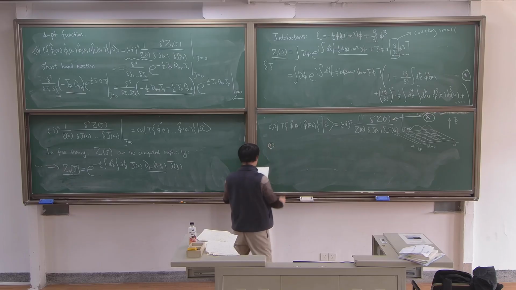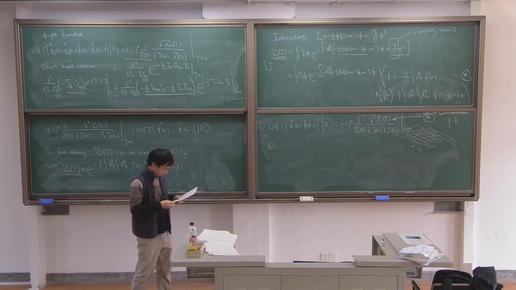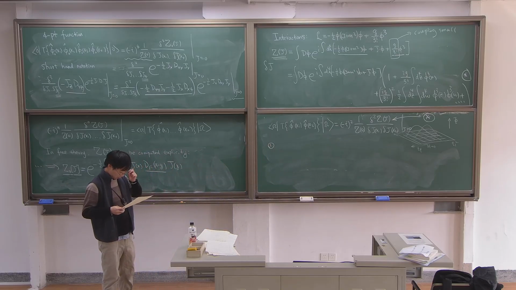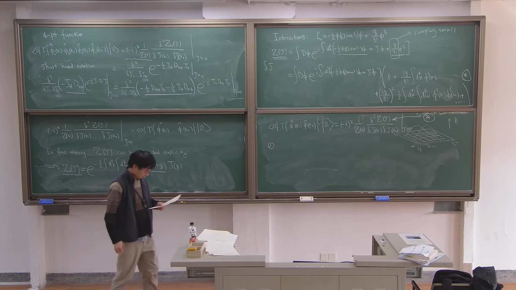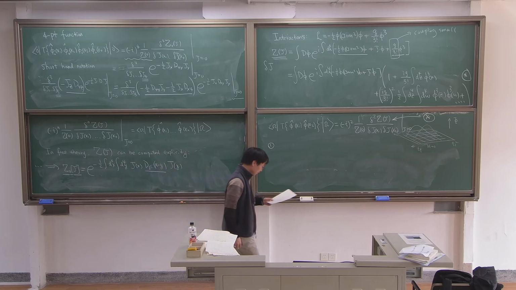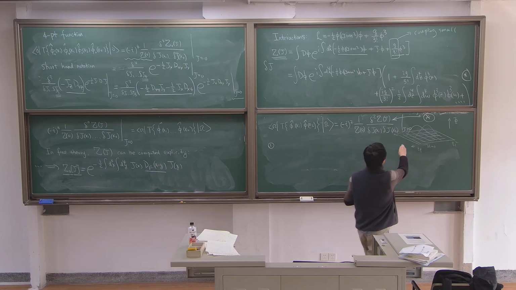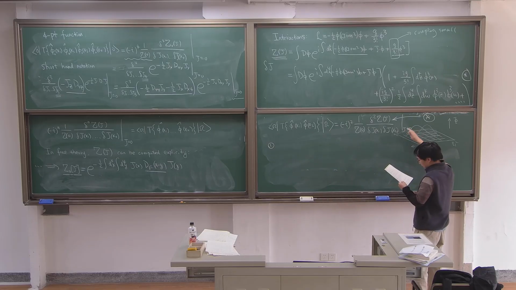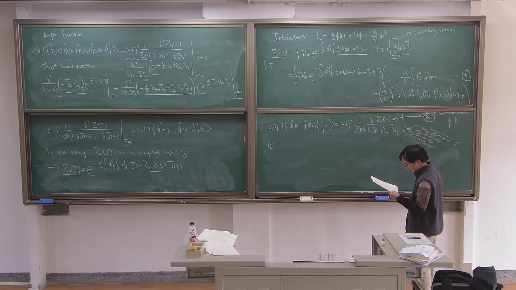So as claimed, for the first term, what do we get? After everything is finished, eventually J is set to 0, what we should get?